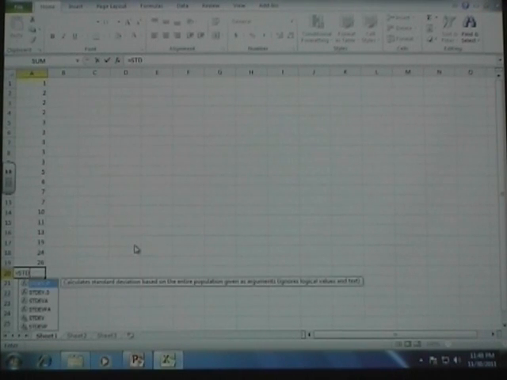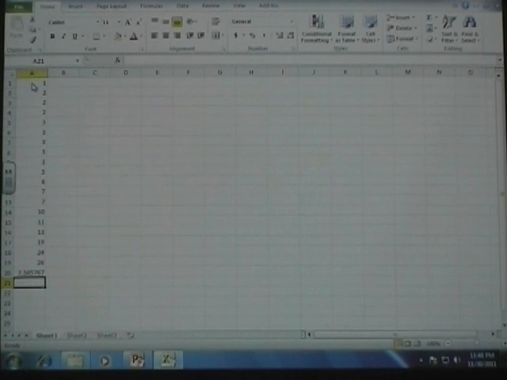That function right there would stand for standard deviations. So 7.58 is my standard deviation.